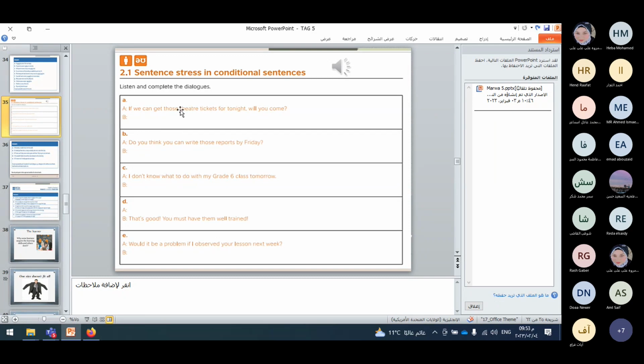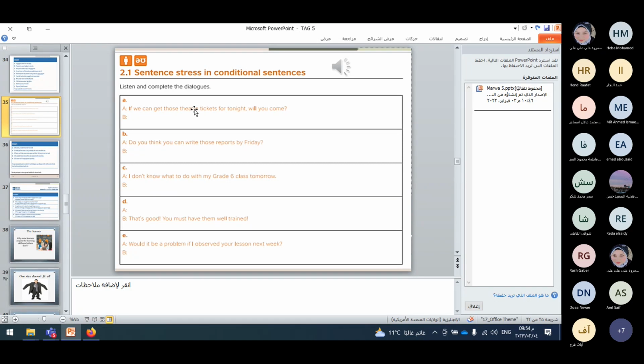I'll read speaker A in conversation A, speaker A in conversation B, and speaker A in conversation C. After I finish, you tell me the stressed words in the sentence. Got the picture? Instructions clear? Yes, go ahead.